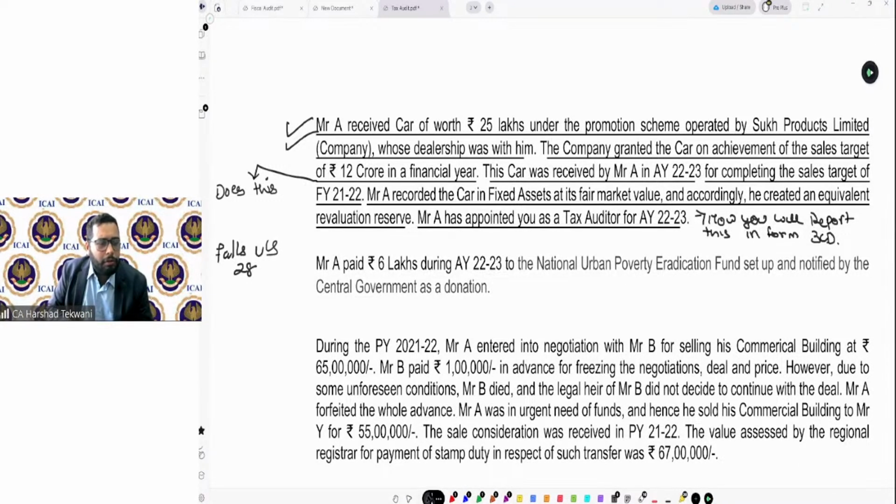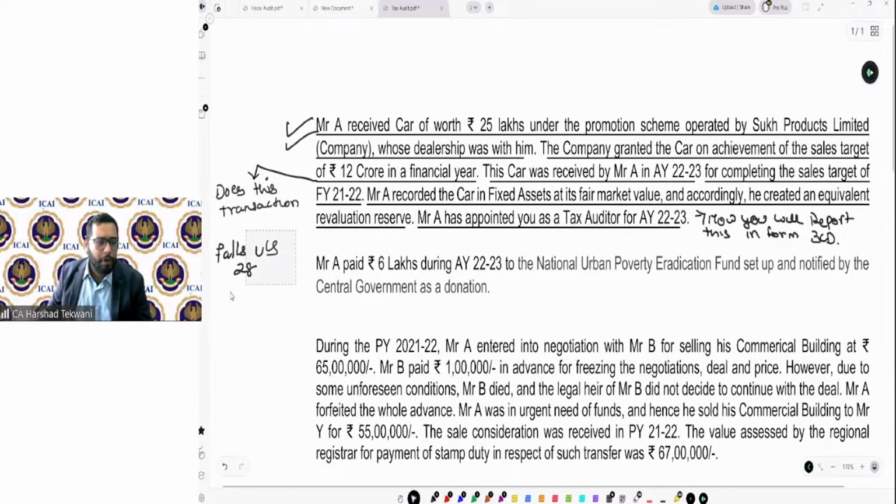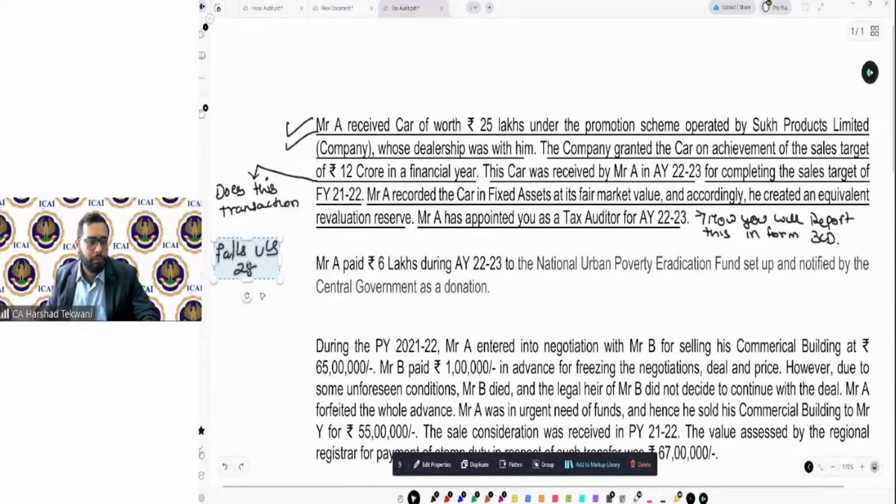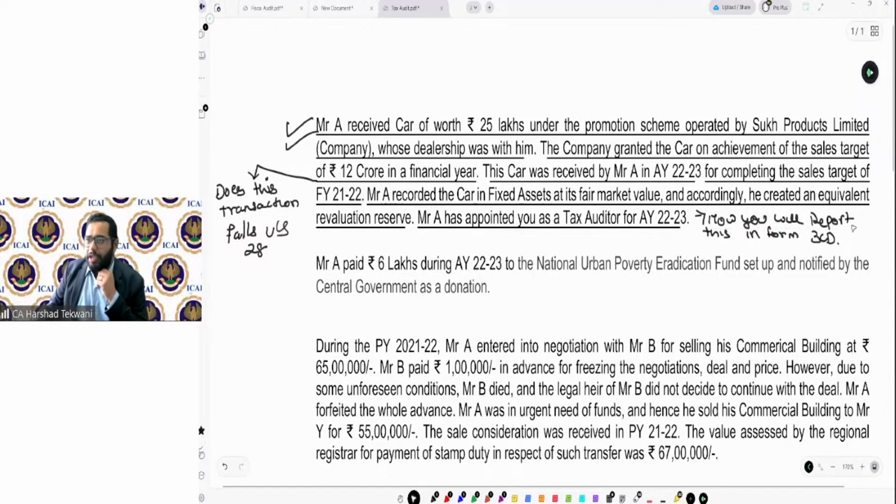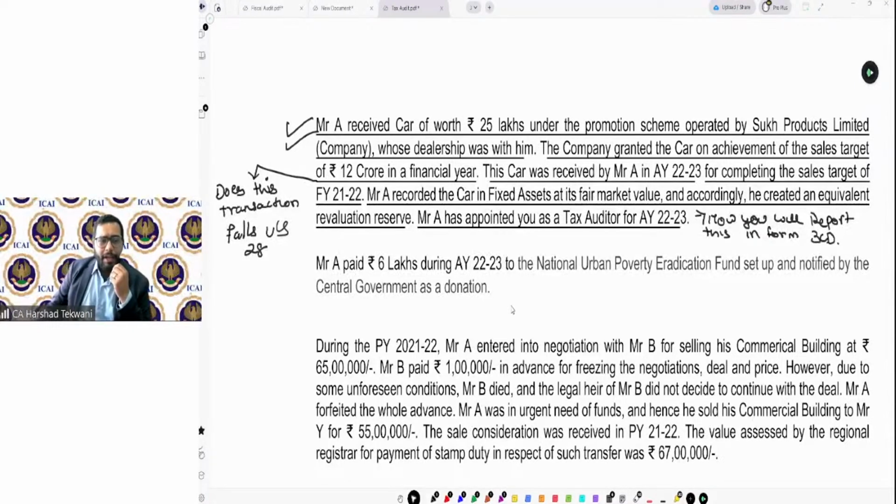Let's understand first whether this transaction is a part of section 28 or not. Yes, no.